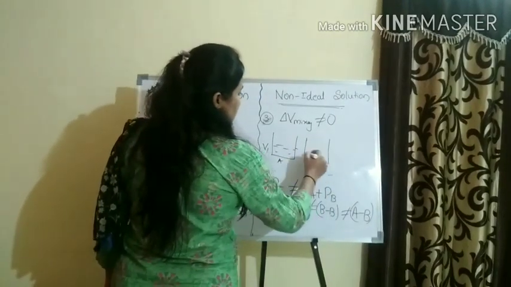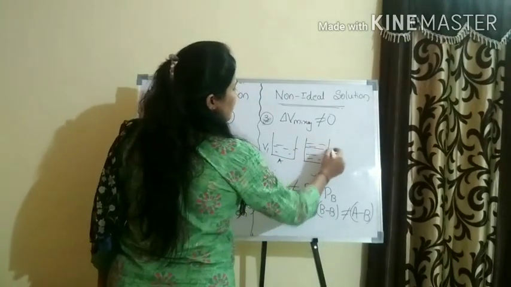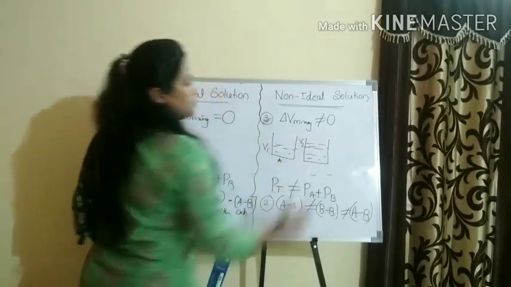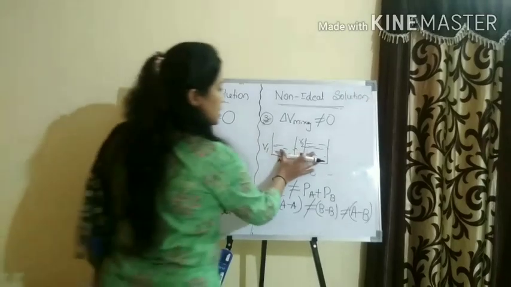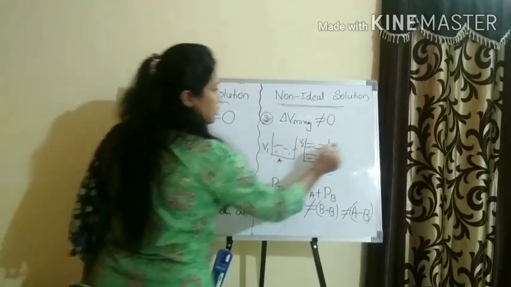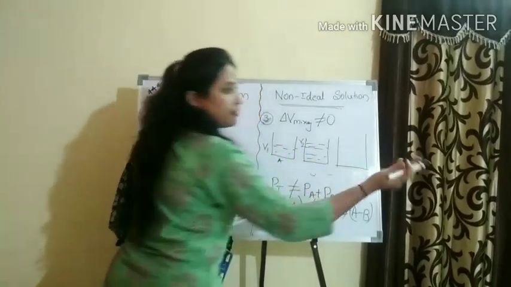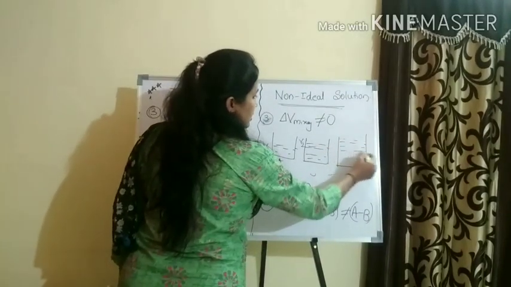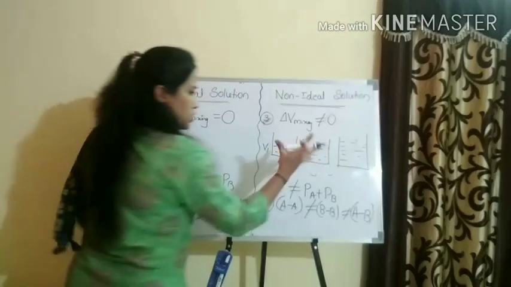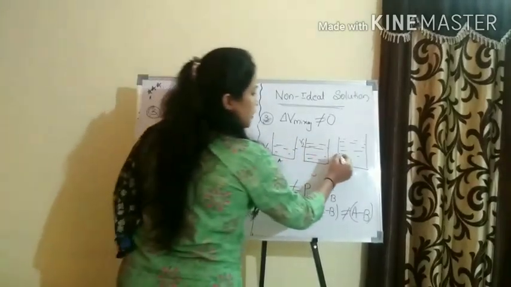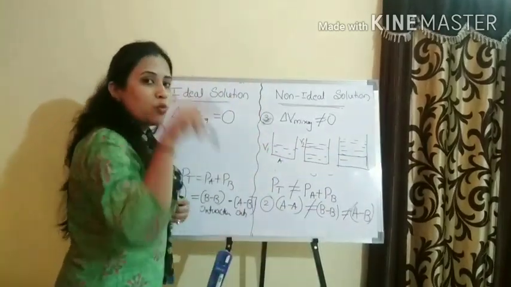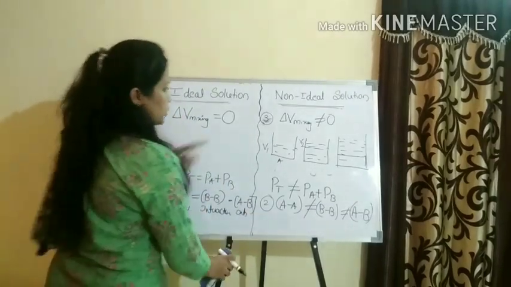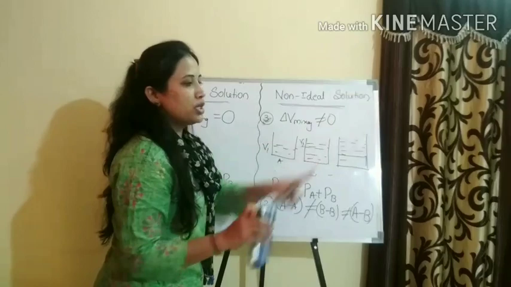Similarly, before mixing, the BB component has a very weak force of attraction or interaction, so the volume is V2. When I mix these two, since the interaction is different, the volume will definitely change. It may increase like this, or if the force of attraction is very strong, it may decrease to this level. So the volume changes upon mixing, that is, delta V upon mixing is not equal to 0.